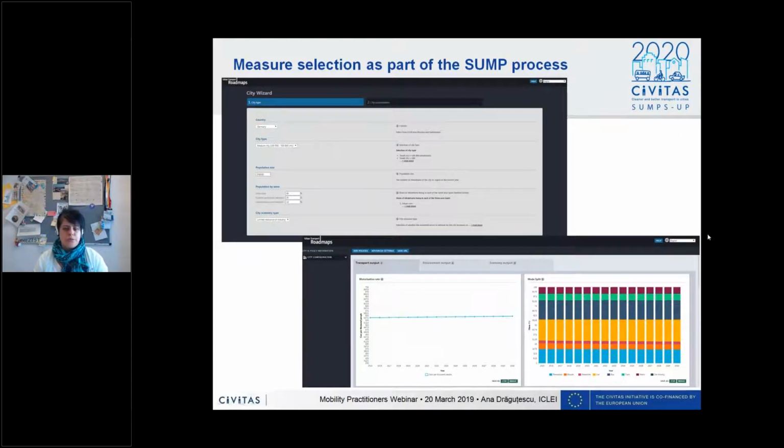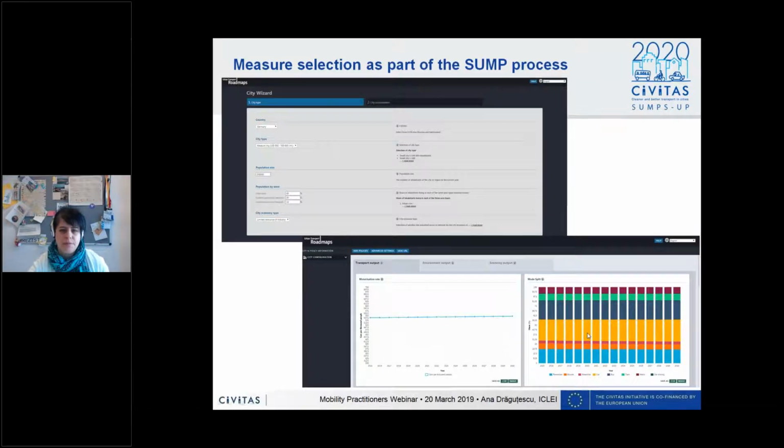Just a few more words about this website to understand how it works. You will fill in the information about your city. You will be asked a couple of questions about what your city looks like, about modal share, and all sorts of transport information about your city. And then you'll receive information and answers from this tool.